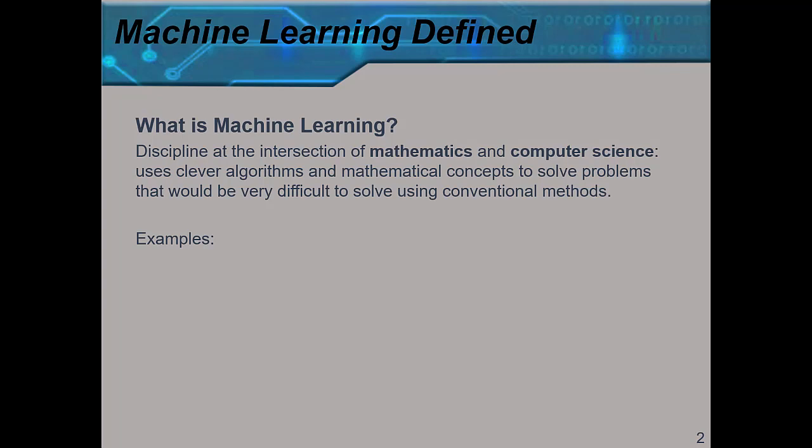First off, what is machine learning? Well, machine learning is kind of an intersection between mathematics and computer science, where the math is calculus and statistics, and the computer science is really clever algorithms, which I think you'll enjoy quite a bit as we get into them.